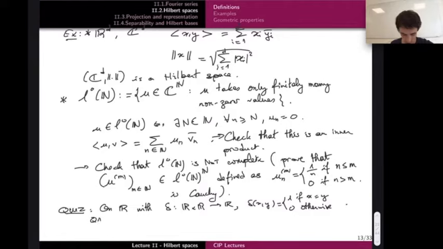And so question 1: is delta a distance? Question 2: if yes, if this is a distance, is R with delta complete?